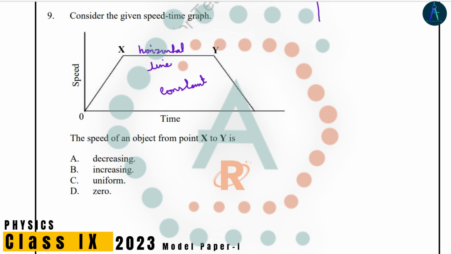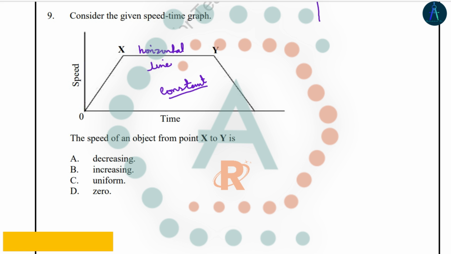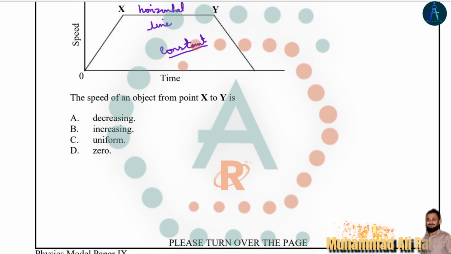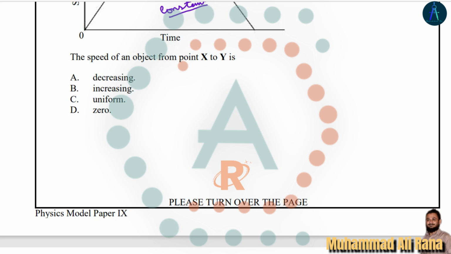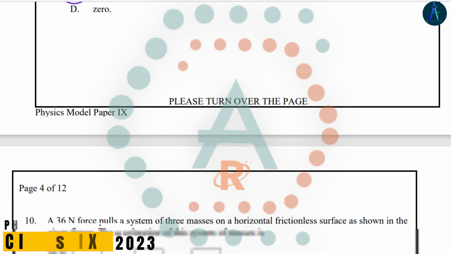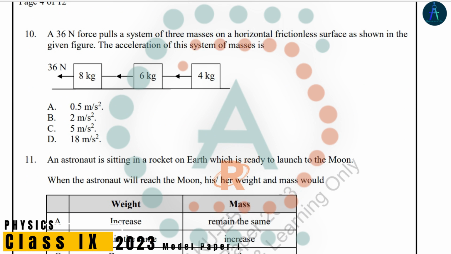The body's speed is constant, that is why the graph is a horizontal line. So the speed of the object is uniform. So option C will be the right answer.